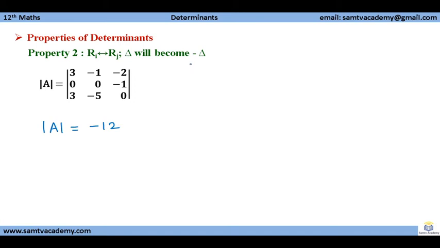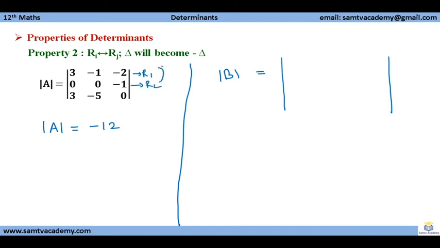Now suppose we are taking a new determinant B, and we are interchanging R1 and R2. This is R1 and this is R2. We are interchanging both of these, so R2 will become R1 and R1 will become R2.